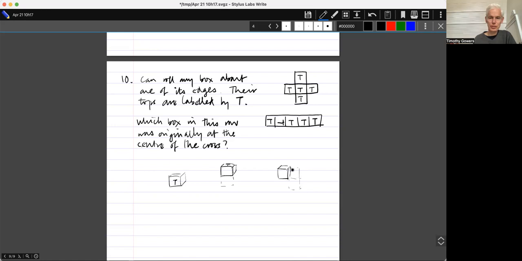What's happened to that T? It has now become like this. And then if I rotate it back in this direction, I end up with a T that looks like that, that's just next to the square where it started. So I can rotate by 90 degrees, but only at the cost of also translating.